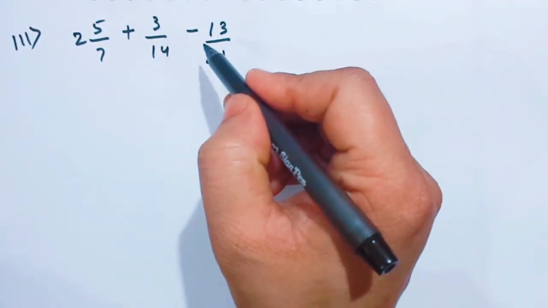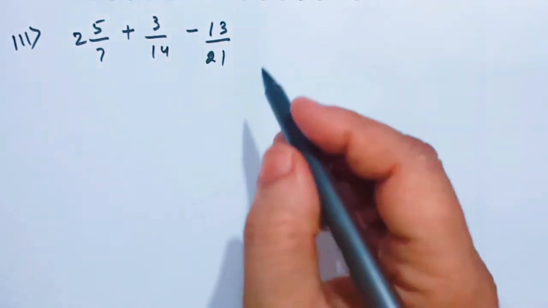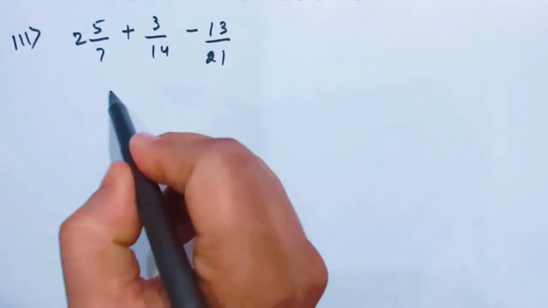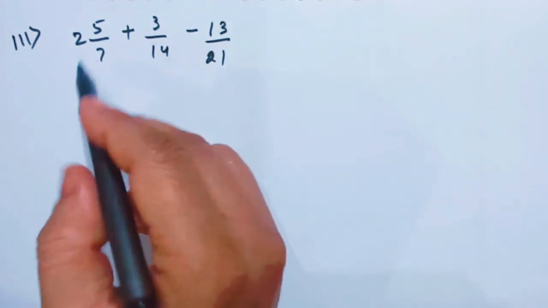So here, 1 2 3. 2 5 by 7 plus 3 by 14 minus 13 by 21. See? Oh my God. 13 by 21. Who will convert this into improper fraction?